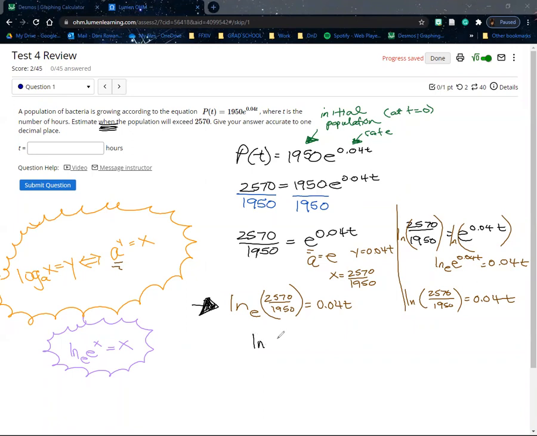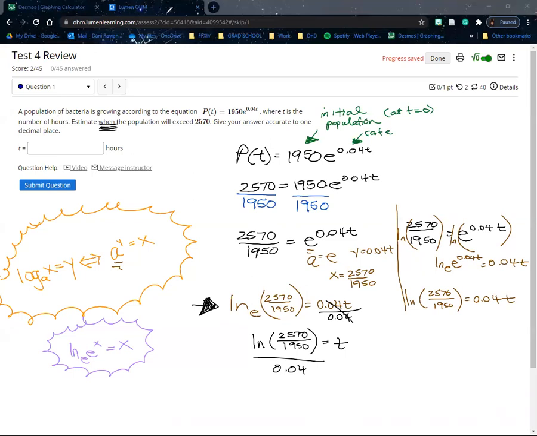So it'll be the natural log of 2570 over 1950. And then here we've divided by 0.04. So this whole thing is divided by 0.04, and that equals t.